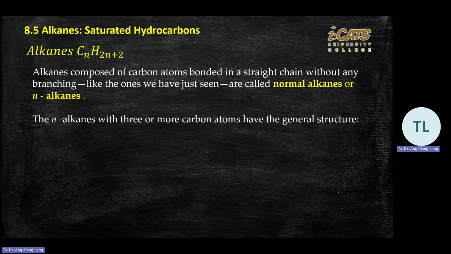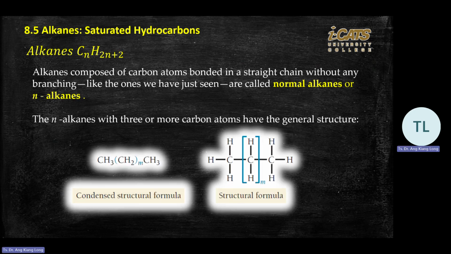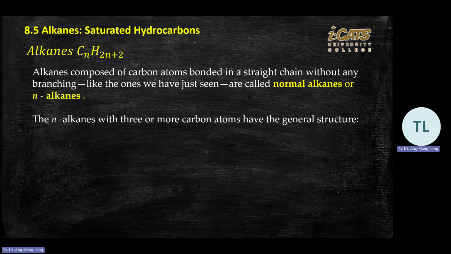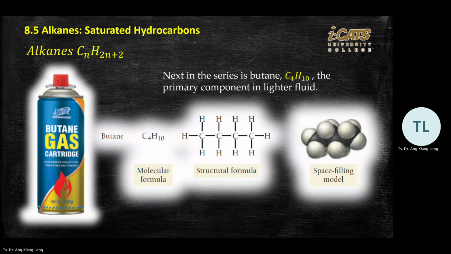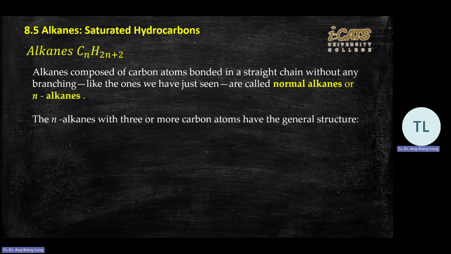So if we have a straight chain without branching, the one we have seen is called normal alkane or n-alkane. For example, the butane just now: CH3, CH2, CH2, CH3. You fall under n-alkane.